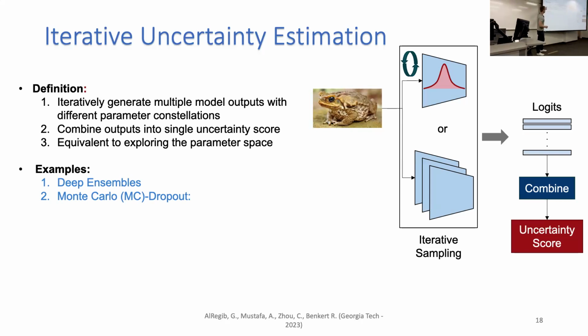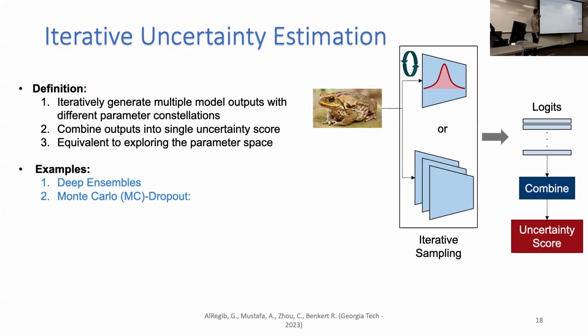So the idea is to take an image over here and iteratively generate several model outputs, which is where the methods differ. Then you combine all of the predictions in some way, and that gives you an uncertainty score. That's a very high level map of how this works.